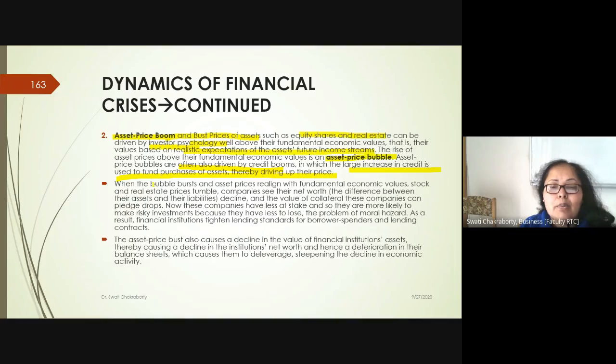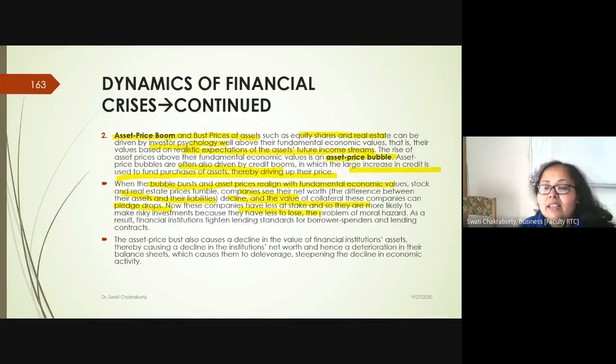Now, when the bubble bursts, asset prices realign with the fundamental economic values, so stock and real estate prices start falling. Companies see their net worth decline, and the value of the collateral these companies can pledge declines.